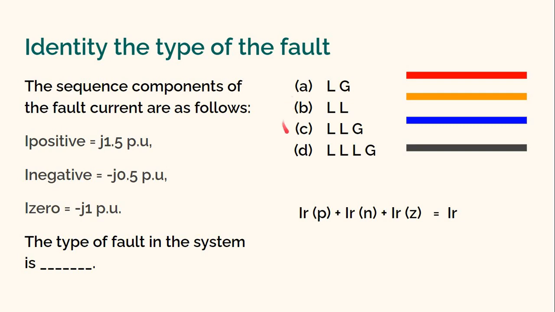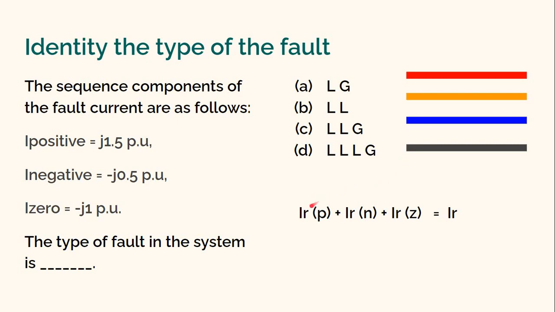Only option A and option C remain. Let us explore option A. If it is a single line to ground fault, let us assume the fault is happening in the R phase, all the R phase current is flowing through the ground.